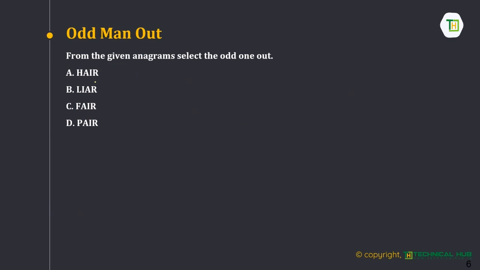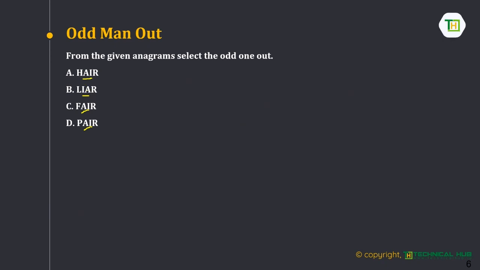This one is also odd man out, so I simply have to find the one which is different among the 4 options. Out of 4, 3 follow a particular pattern, whereas the fourth one is different from the remaining. Let's see what the pattern is. In the remaining options, the common letters are AI, AI, AI, and the positions are not changed.